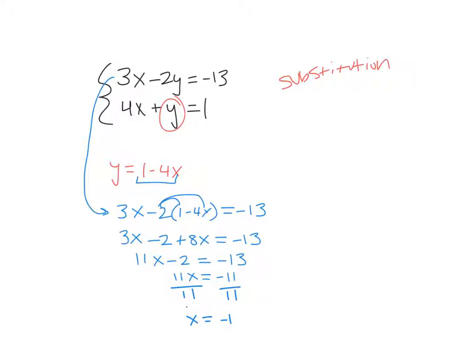Now, even though I got x equals negative 1, I'm not done. That only tells me an x value. But we also need to know a y value. So I'm going to go back to either equation, whichever one looks easier, and I'm going to substitute negative 1 for x.